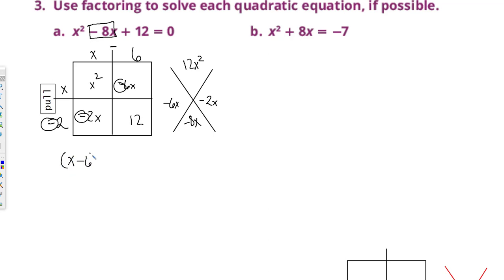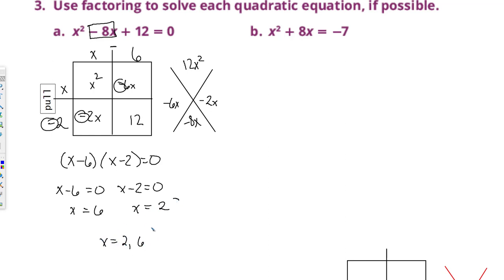So my factors are x minus 6 times x minus 2, and that's equal to 0. So I set those factors equal to 0. And so x is equal to 6, or x is equal to 2. And so write them in order, 2, 6.